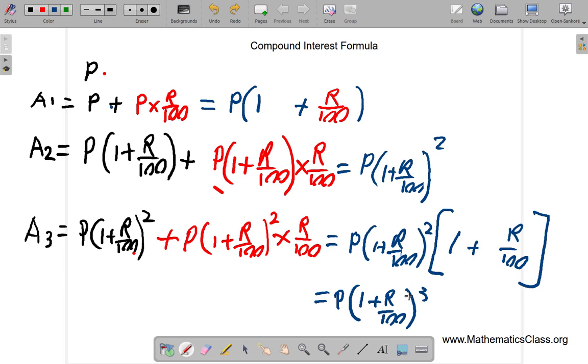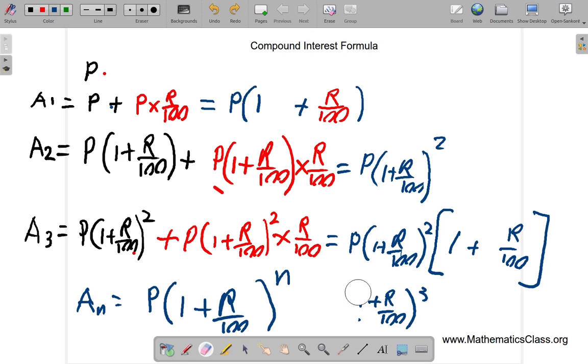So generally, after your nth payment, whatever n is, the amount you have is going to be the principal you invested first, times 1 plus r over 100 to the power of n. That is what you're going to have.